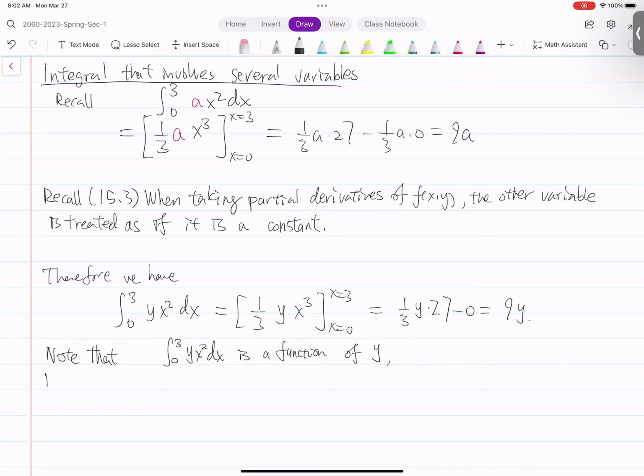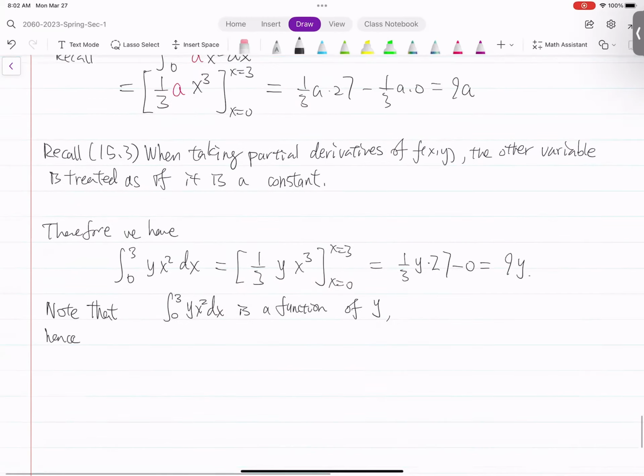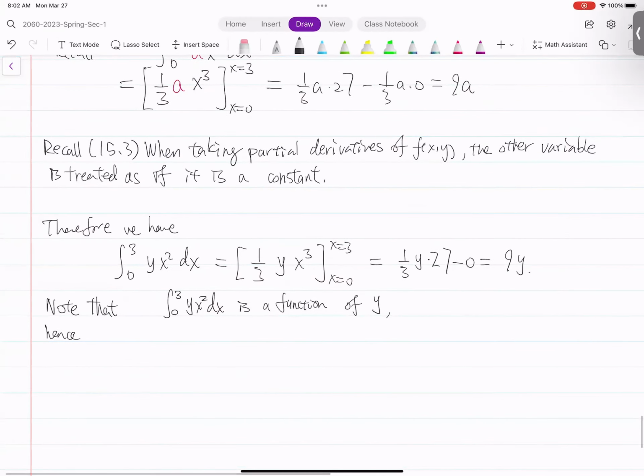Hence, we can further integrate it with y on the outside. So this is a function, so then you can integrate that, let's say, for y, where y goes from 1 to 2. And let me put the above function in terms of y in the brackets.